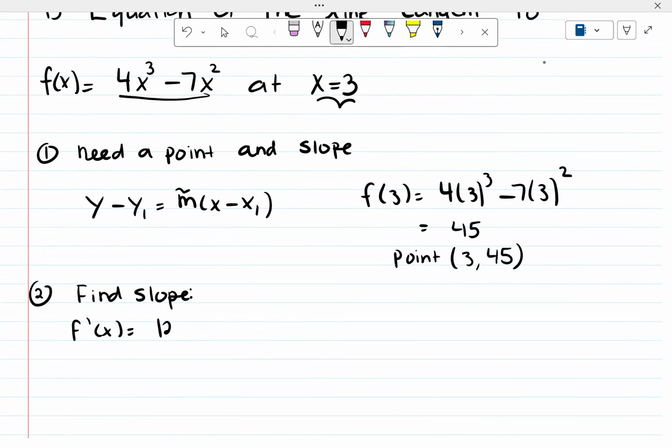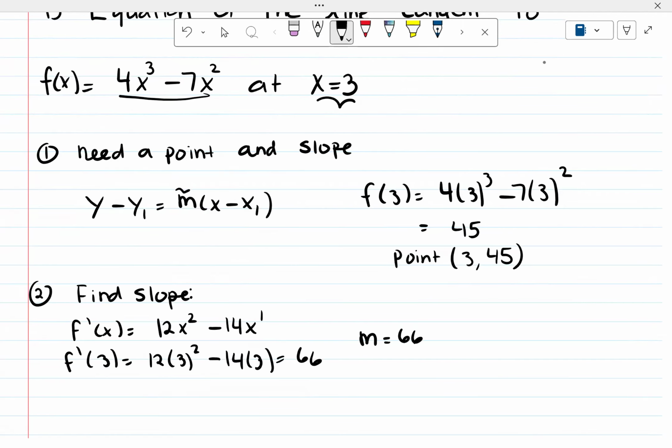It's going to be 12x squared because I just used power rule. And what is the derivative of negative 7x squared? It would be negative 14x to the 1. And then plug in your x value 3. So that's 12 times 3 squared minus 14 times 3, and it spits out 66. So that 66 represents your slope, or your m.